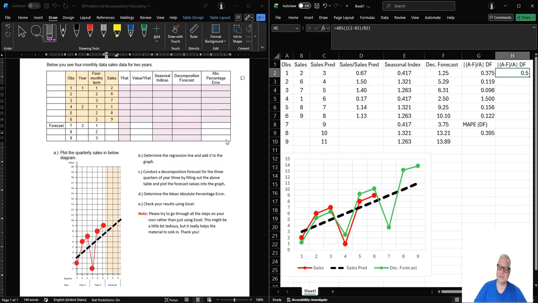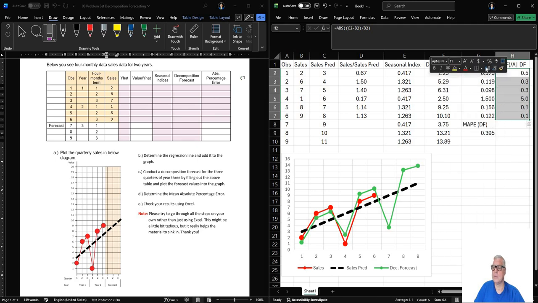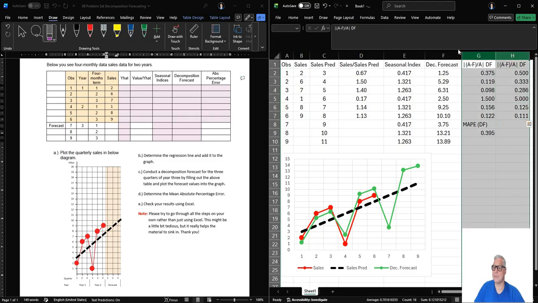Okay, so here you see it's 50% because the trend line is much further away from the actual value than the decomposition forecast. So okay, let's limit everything to 3.